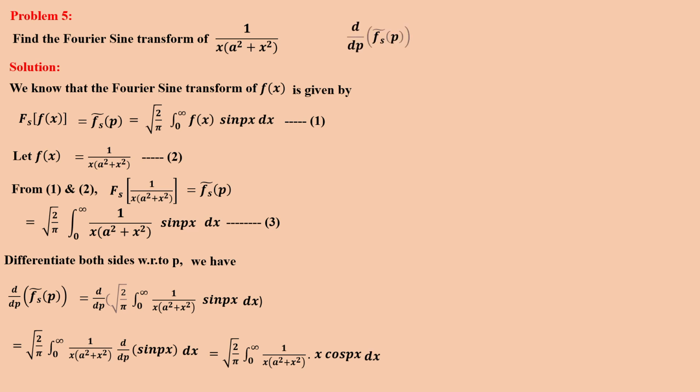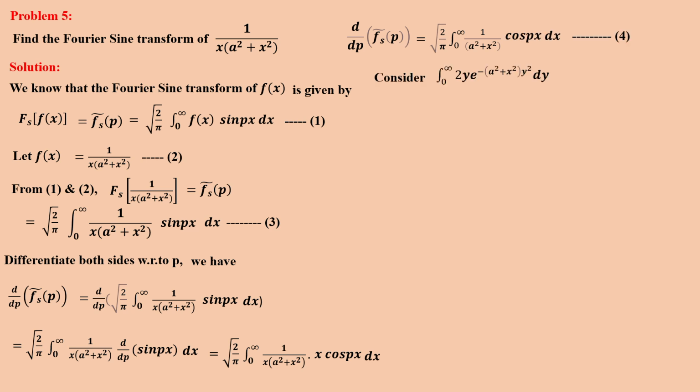So d by dp of Fs bar of p is equal to root of 2 divided by pi integral 0 to infinity 1 by a² + x², since x and x get cancelled: the x in the numerator cancels the x in the denominator. So cos px dx. That is equation number 4.